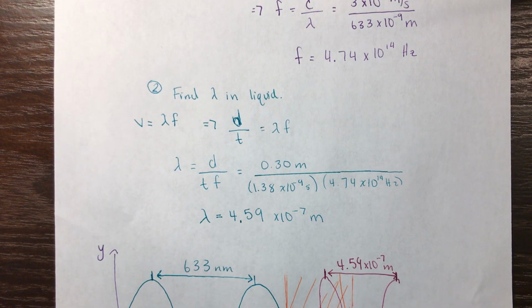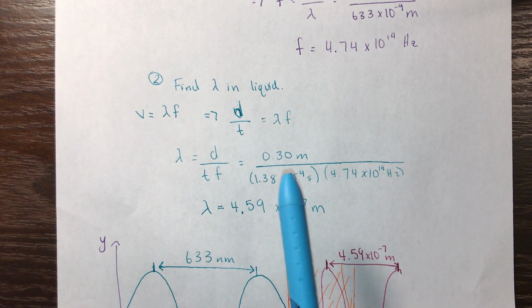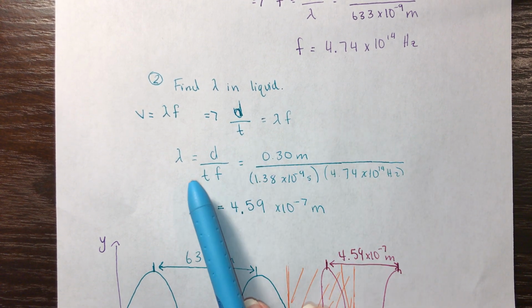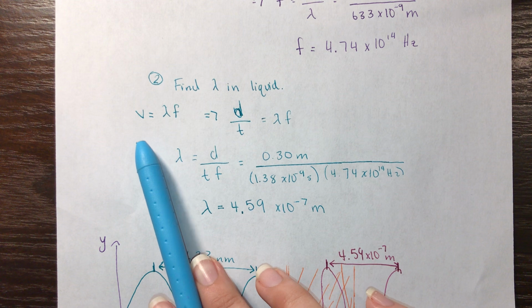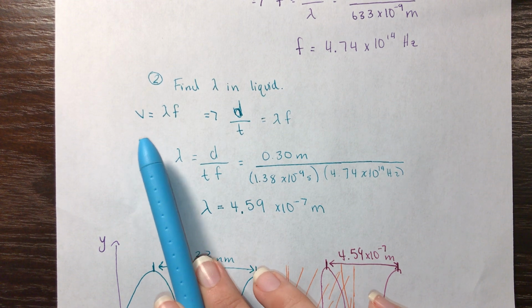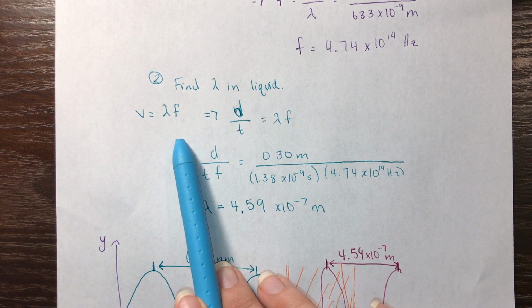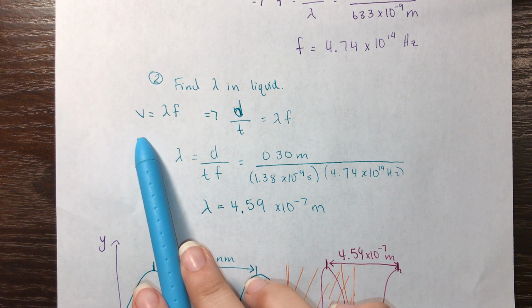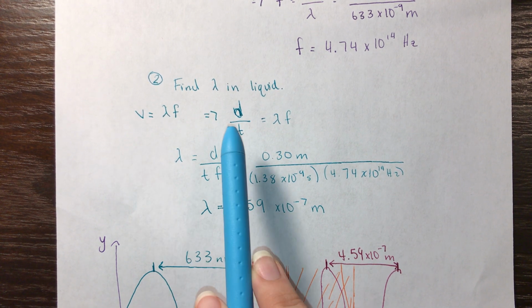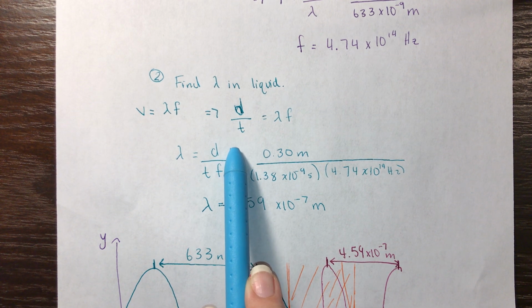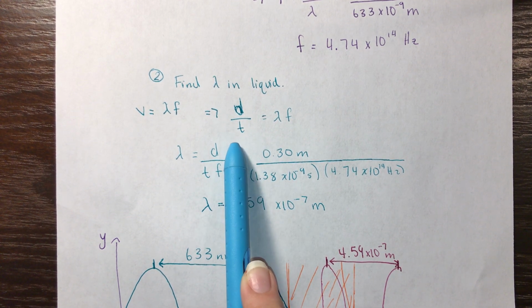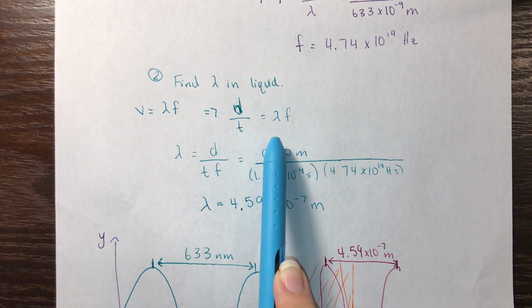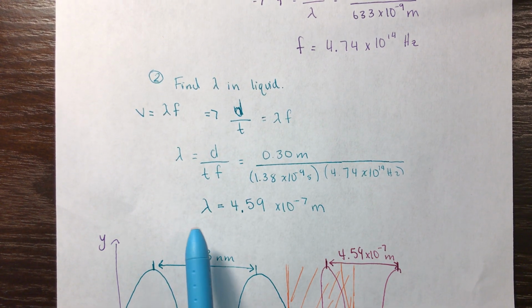And now to find the wavelength in the liquid, we take this frequency and we are going to use that same v equals the wavelength times frequency. And since we know that velocity is some distance divided by time, we are going to substitute that in, and we get that d over t is equal to the wavelength times frequency.